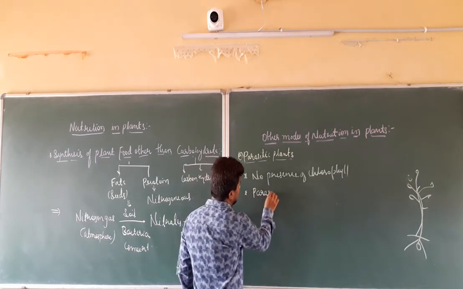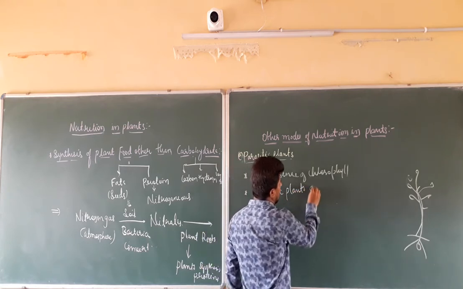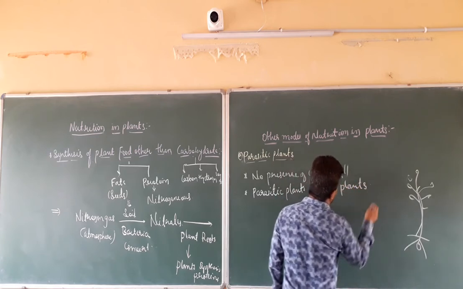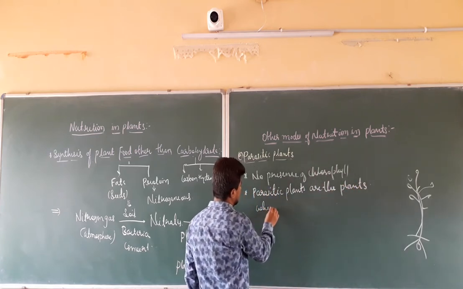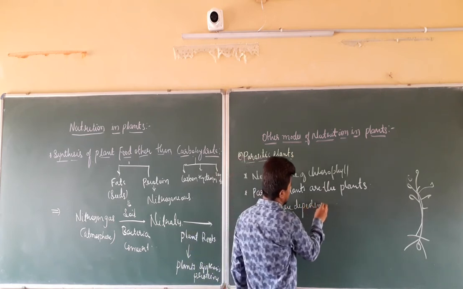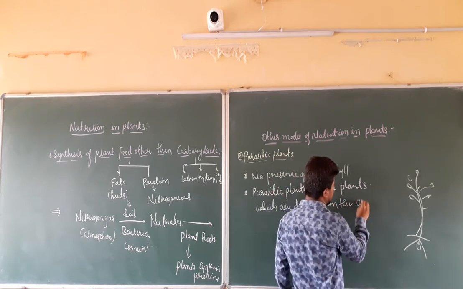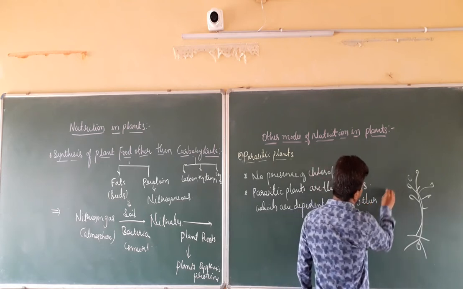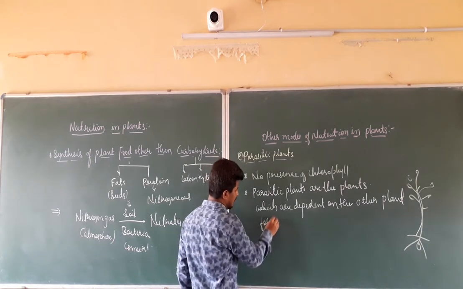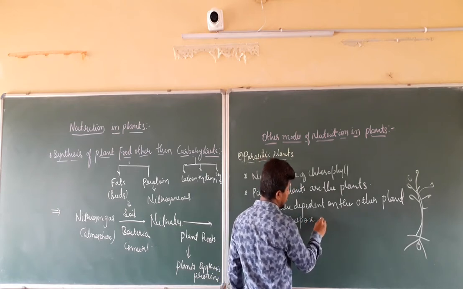Parasitic plants are the plants which are dependent on other plants for the purpose of nutrients.